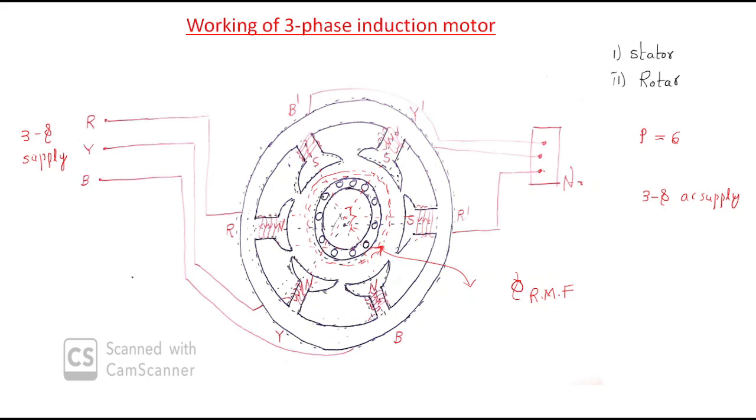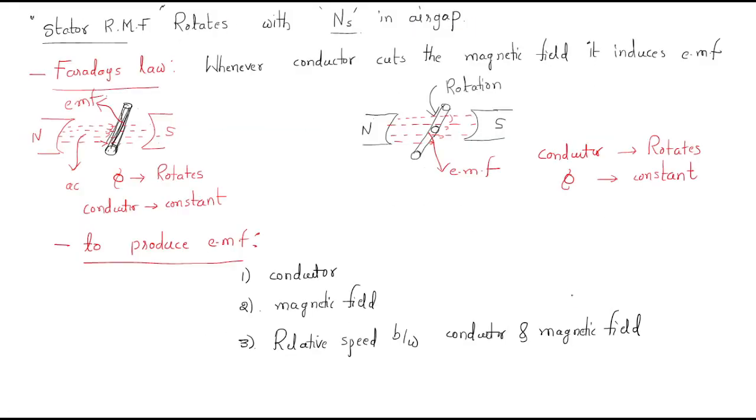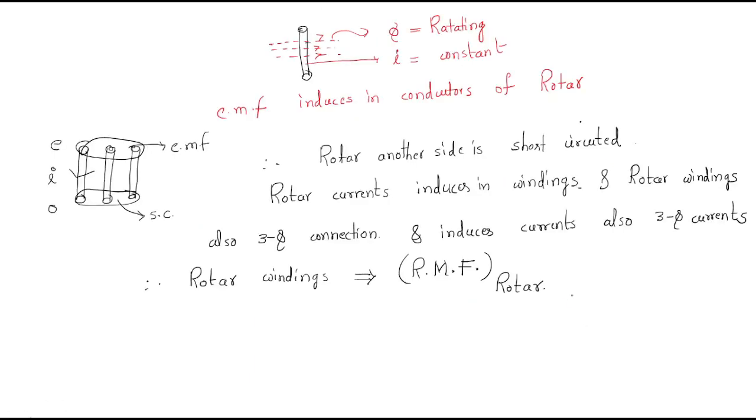The first thing is the stator flux, and the rotor, in the same direction, produces another flux. That flux is the rotor RMF. First thing is the stator RMF, second thing is the rotor RMF. So in the air gap we have two RMFs.